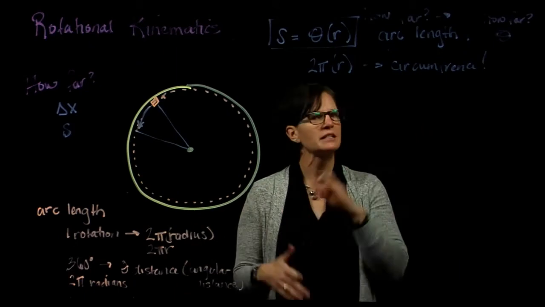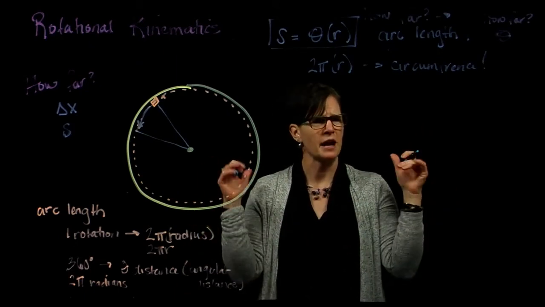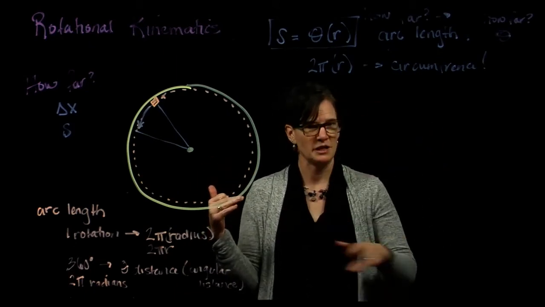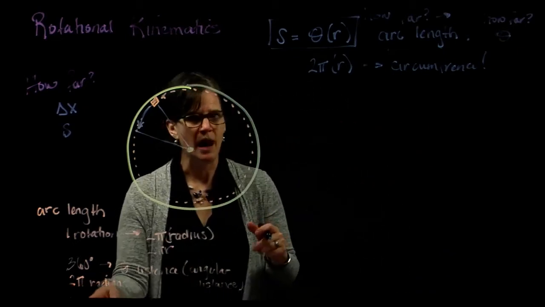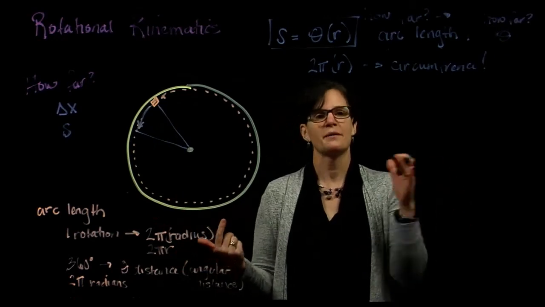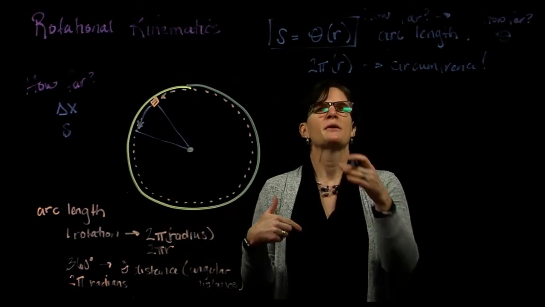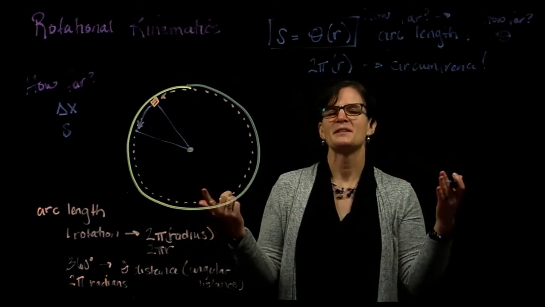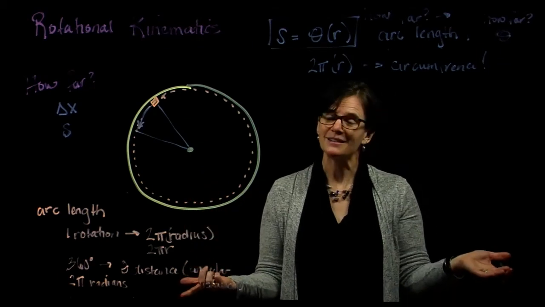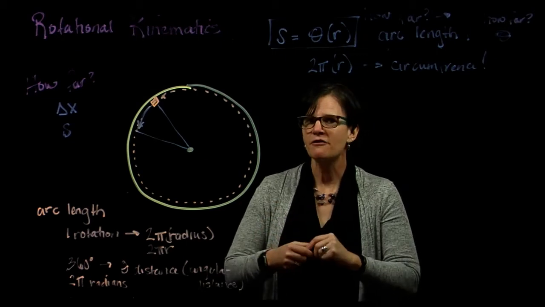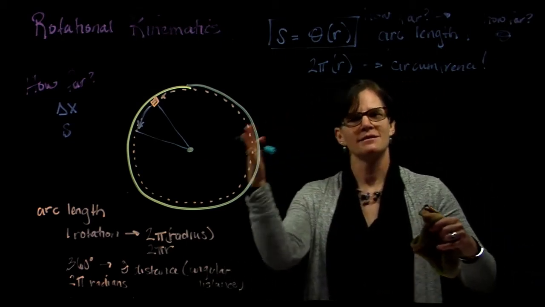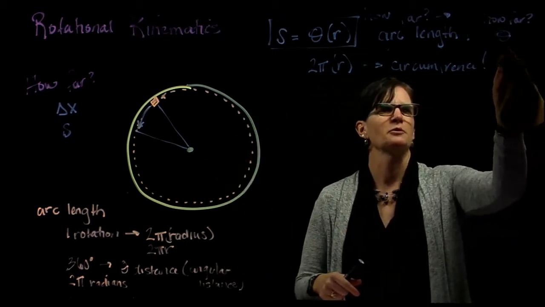If I'm just looking in the rotation and how far the object goes in terms of its rotational language, I can just keep the angle. So it makes 2 pi radians. It went through 2 pi radians of rotation. It went through 2 pi radians times the radius in terms of the length. All right, so that's the how far piece, relating translational motion to rotational motion.